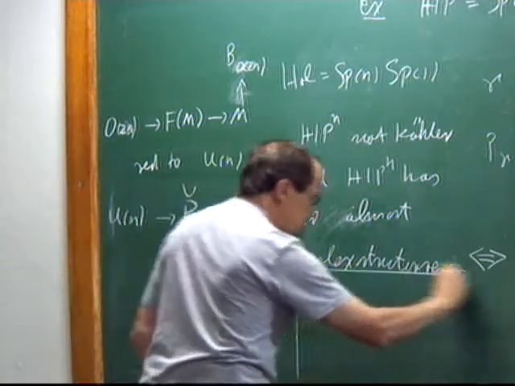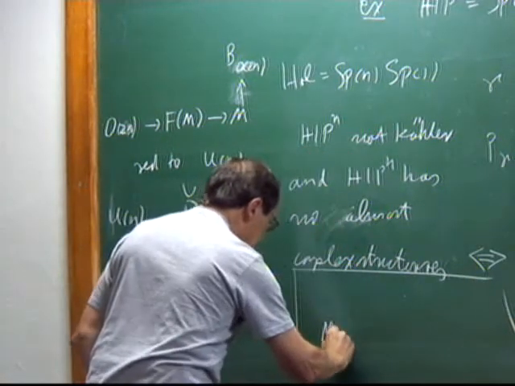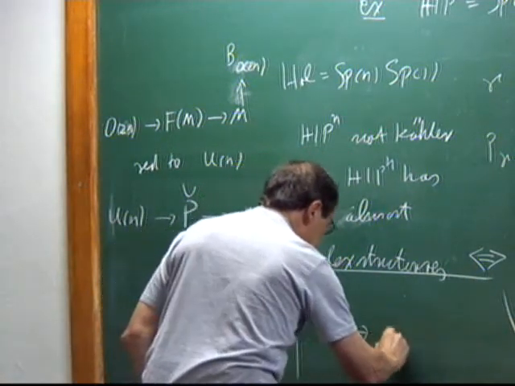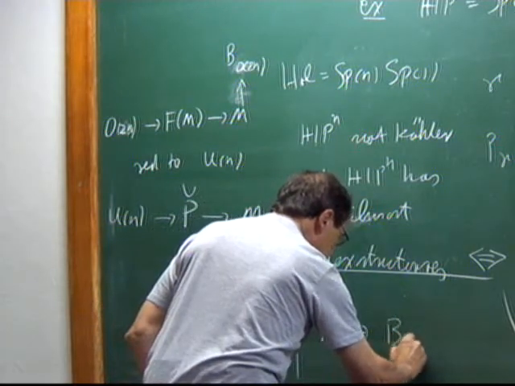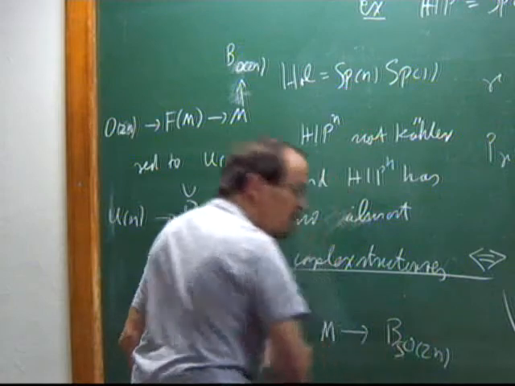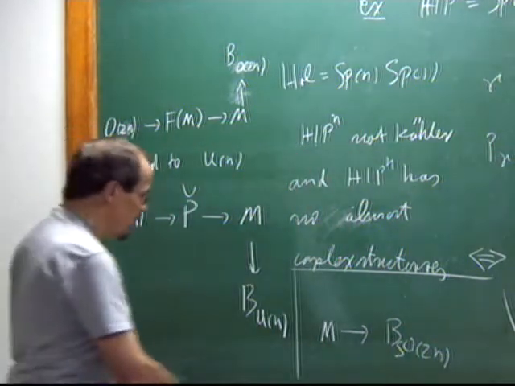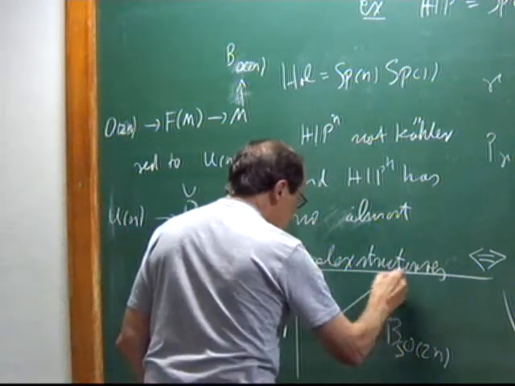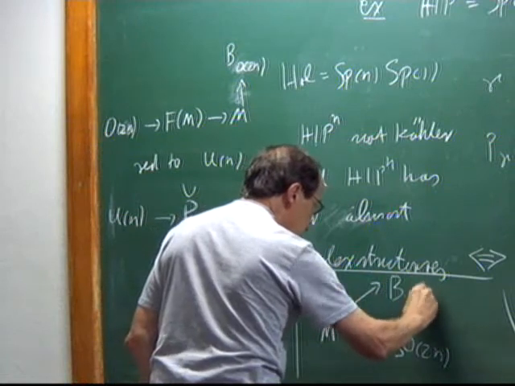Can I factor the classifying map of my whole bundle, which goes into the orthogonal group, because I can also assume it's orientable since the complex structure gives an orientation, through the map into the unitary group?